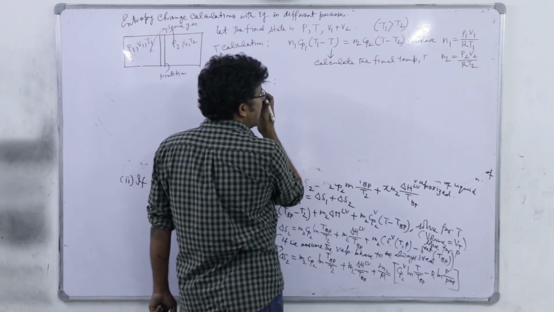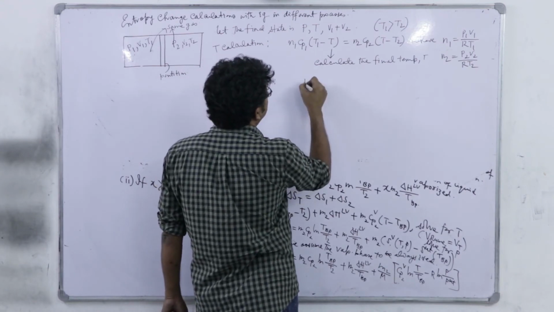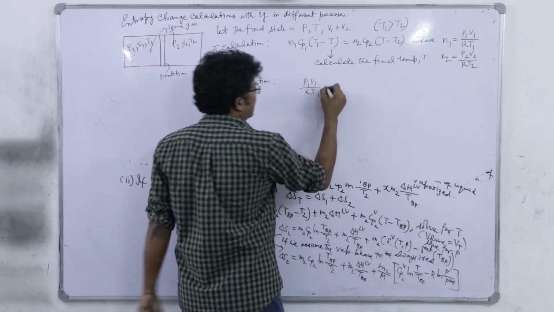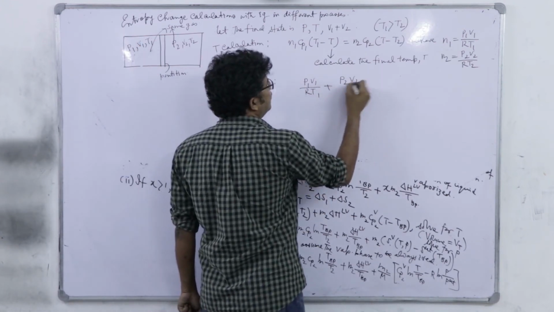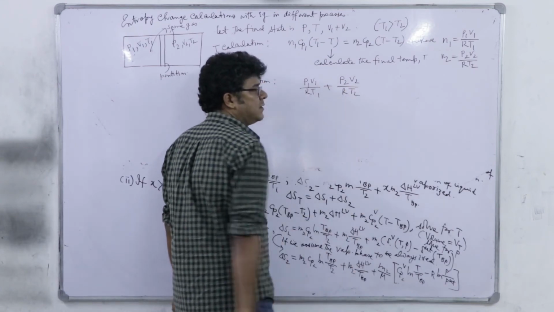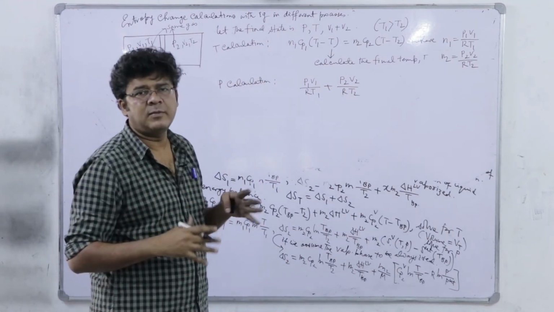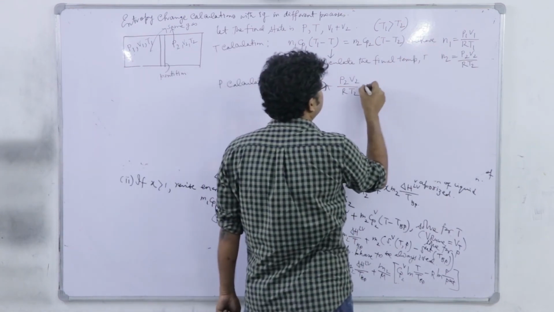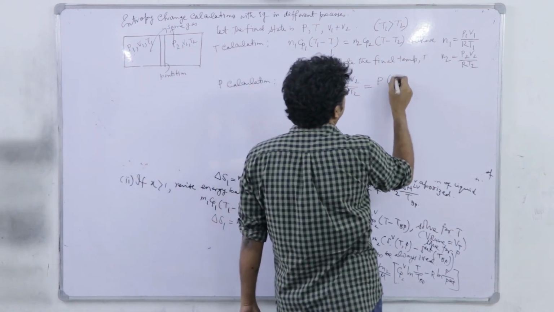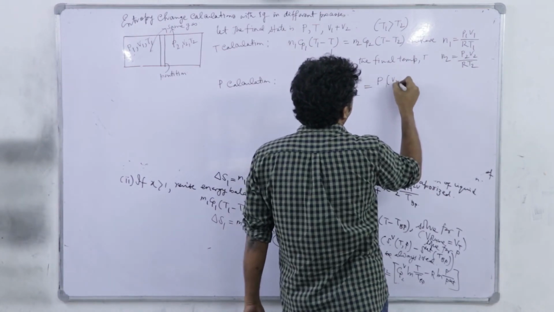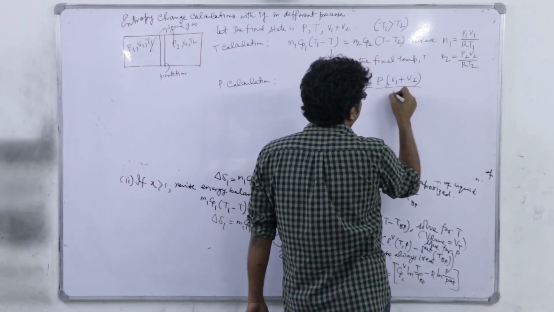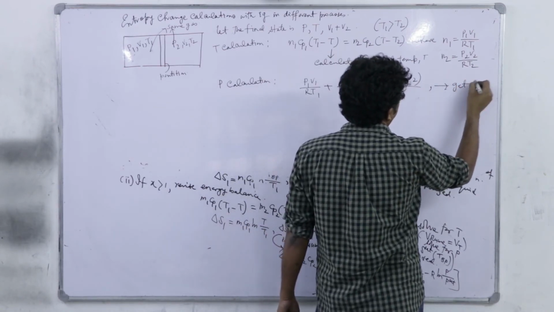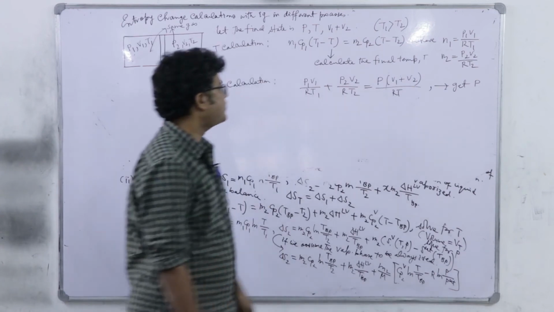Once we have calculated the final temperature, next we have to calculate the final pressure. P1 V1 by R T1 is the number of moles in the left side compartment plus P2 V2 by R T2, number of moles in the right hand side compartment. When they are mixed, finally the number of moles must remain identical, for which we know the temperature. So the pressure P into (V1 plus V2) divided by R T, T we have already calculated. So we get the pressure.